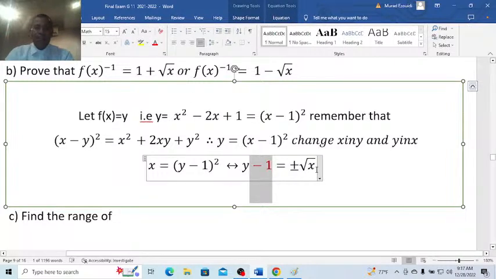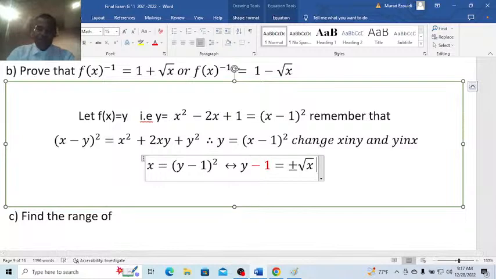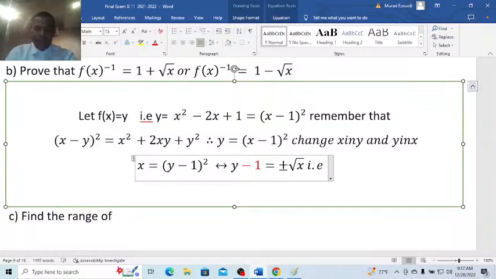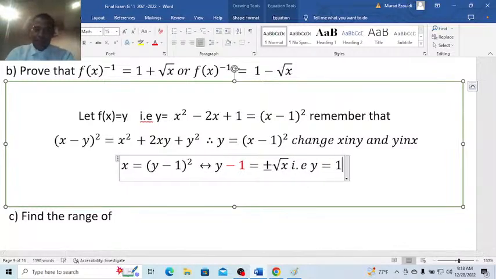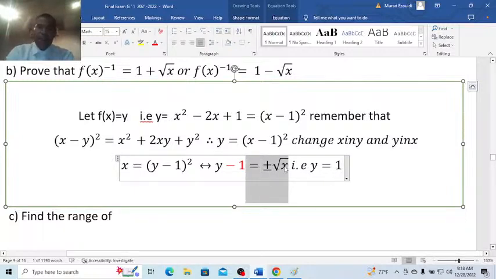Therefore y, learners, is equal to 1 plus or minus root of x.